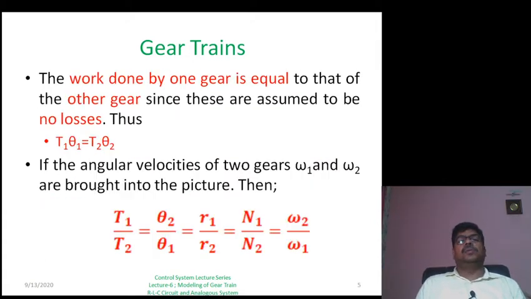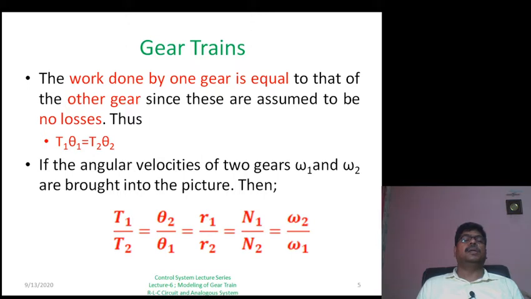Now, in the ideal case, there should not be any loss, but actually there will be loss that may be due to the friction. So if we consider there is no loss, then T1 theta 1, the work done by gear 1, will be equal to the work done by gear 2, T2 theta 2.